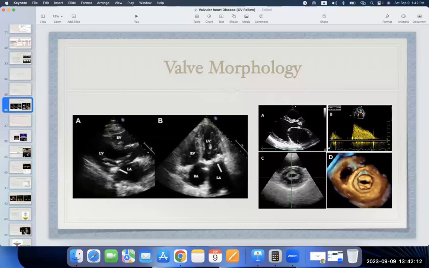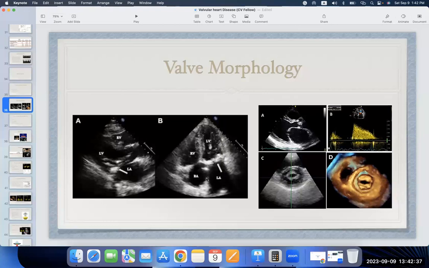Sometimes we will also have some thickening of the cords and papillary muscle secondary to the rheumatic disease. It's very important to differentiate this from the degenerative and calcified type. In rheumatic disease, the lesion starts from the tip and progresses to the mid and then the base. But here it will be the opposite.